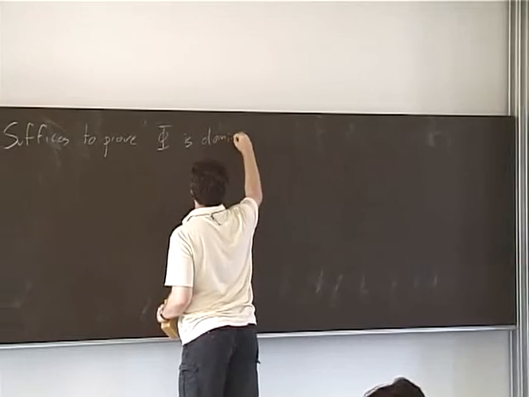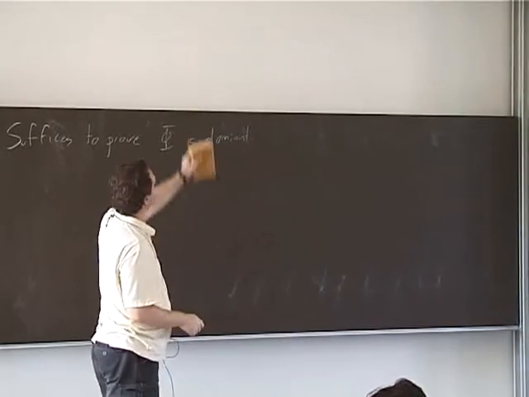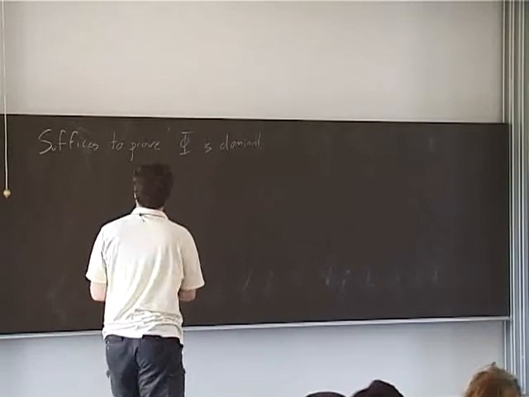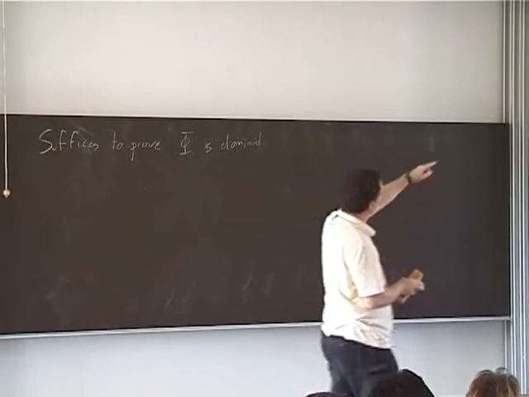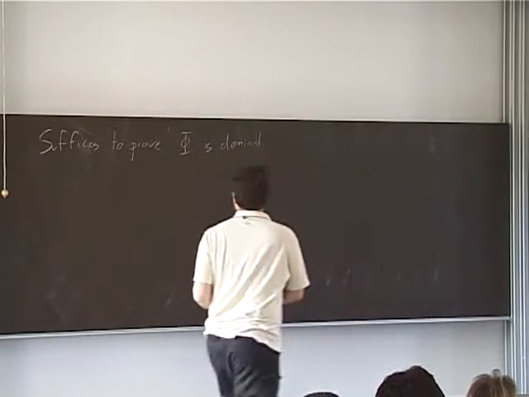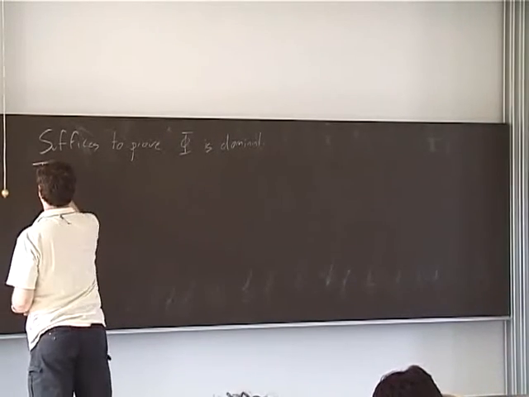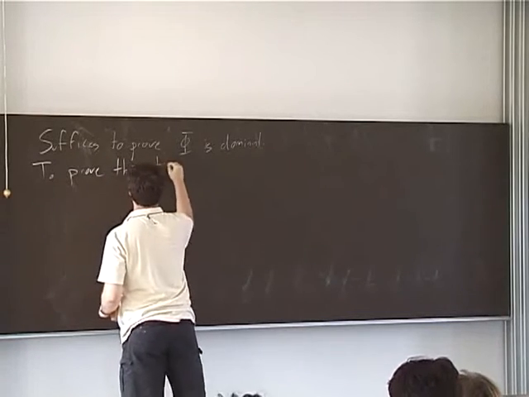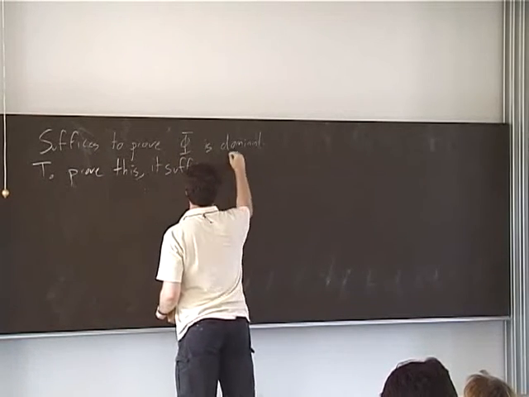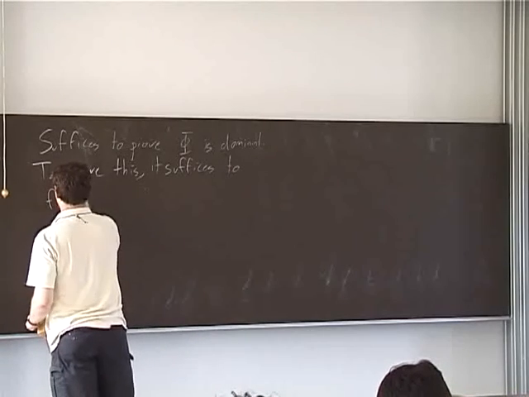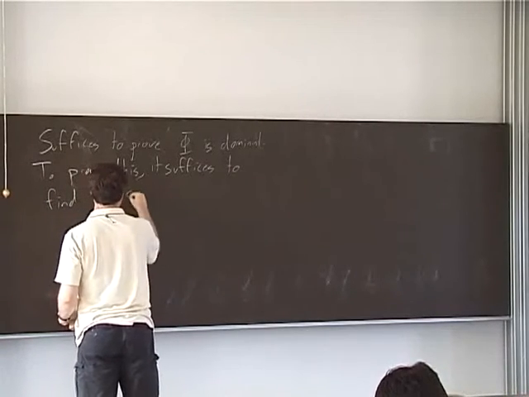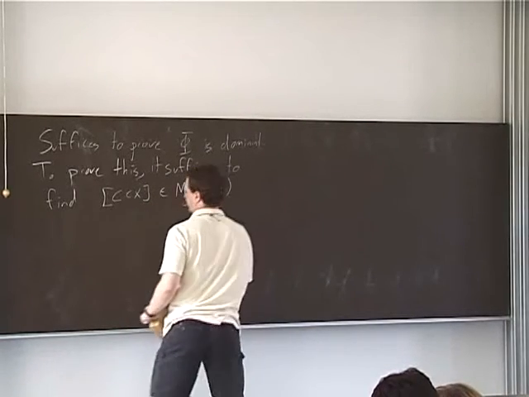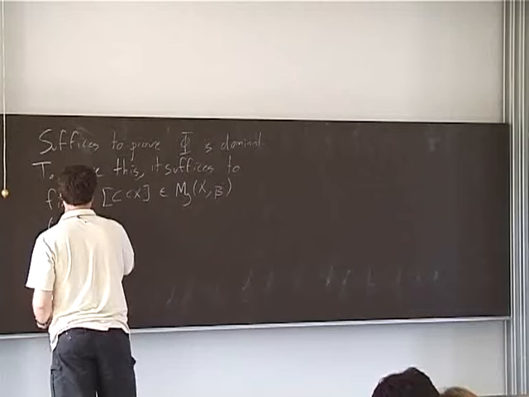And now, I guess this is the real place where we're using Hurwitz's irreducibility result. To prove that it's dominant, it suffices to prove that its image contains some non-empty open. So it suffices to prove this. To prove this, it suffices to find a single point C in X. So this will be some point in Mg x beta. We need it to be a smooth point of this variety.